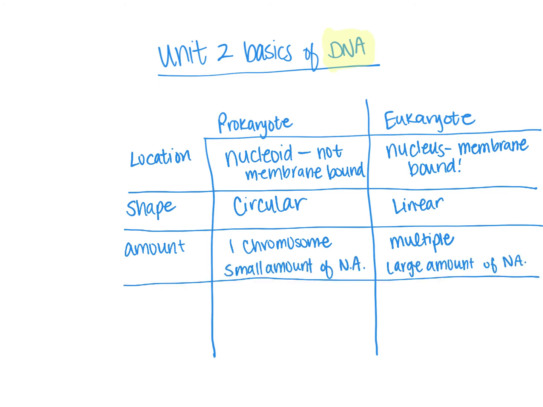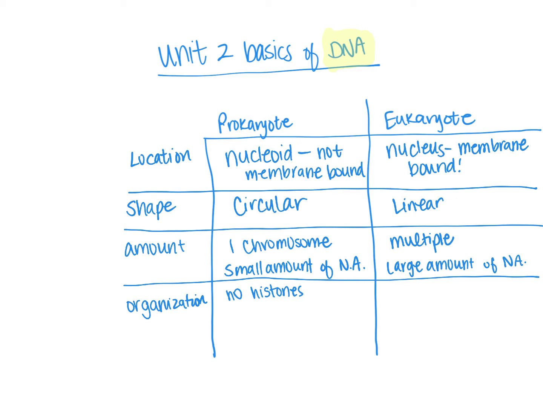And because of the different amounts of DNA between prokaryotes and eukaryotes, the way that they have to be organized is also going to be different. So prokaryotes are going to not contain histones. Histones are proteins that bind to the DNA and help to keep it from getting tangled up, and also aid in whether or not the DNA is going to be expressed into proteins.